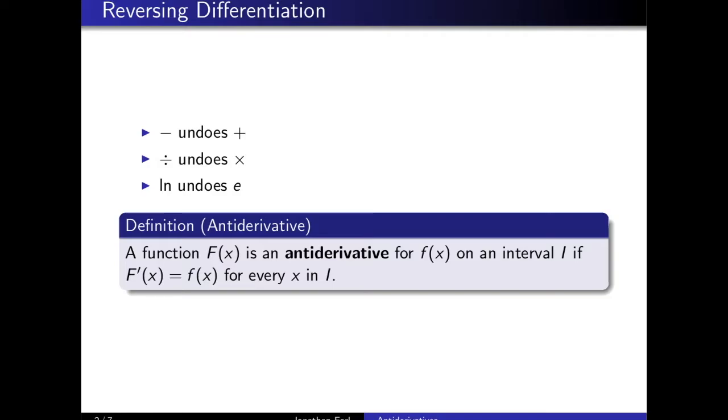The reason for this is that, as we kind of alluded to at the end of the last video, if you have two functions and their derivatives are the same, the two functions can differ by a constant. So I could give you a whole bunch of different functions that all have the same derivative. And they could all be antiderivatives for some given function. So there's kind of that unfortunate thing.